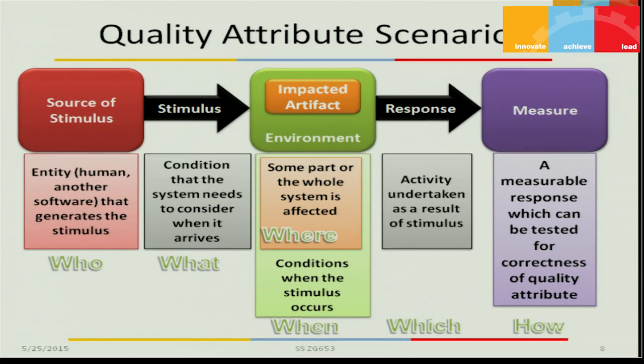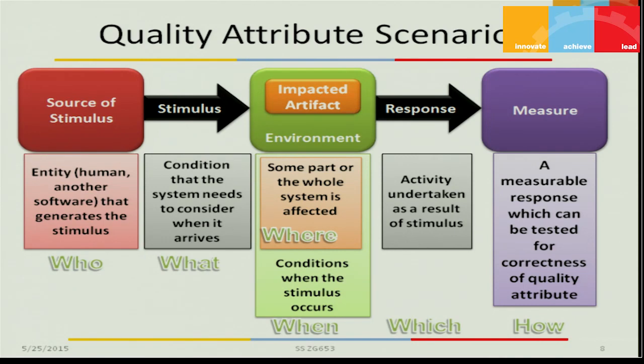An example is that you can say there is an attack, which is a stimulus, maybe a DoS attack created by software. Now that DoS attack can happen when the system is in running condition. It can impact maybe modules X, Y, and Z of the entire system.